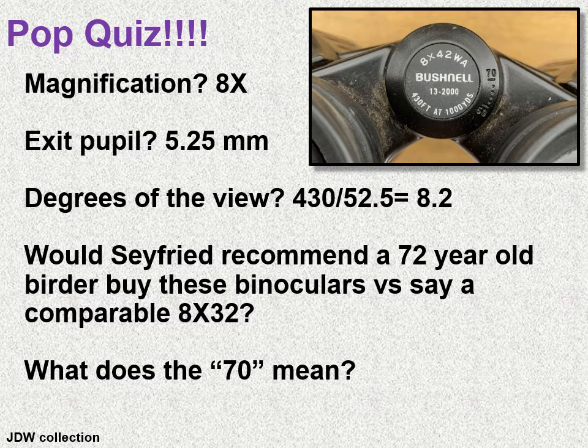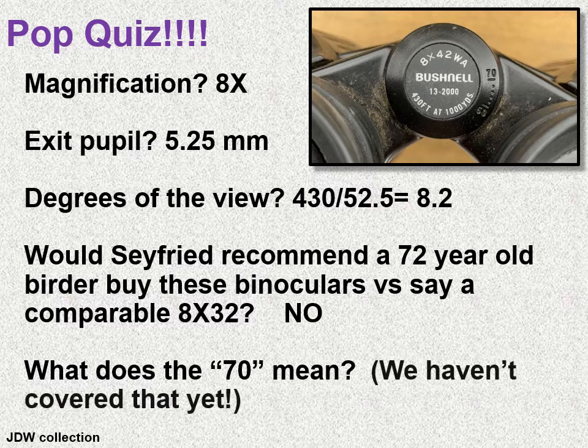Pretty wide. It's a wide angle. Would this author recommend a 72-year-old bird watcher buy these binoculars versus, say, a comparable 8x32, which would be an exit pupil of 4? And the answer is he would not, because it's a wasted amount of money per exit pupil millimeter. And you can see the 70 that's there. What does that mean? Well, we haven't covered that yet. In fact, we won't cover that, I think, until the second part.